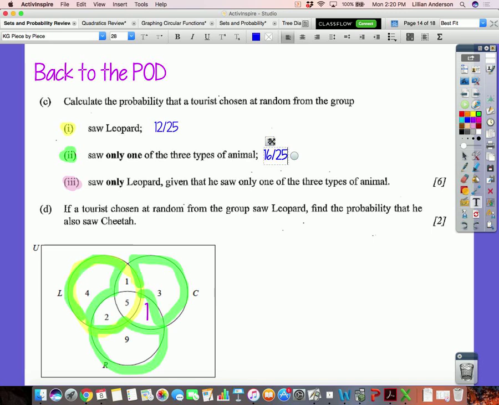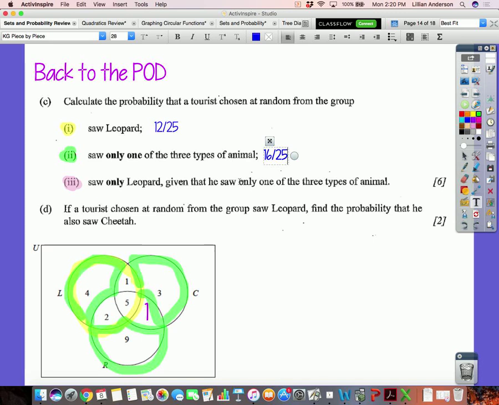Now part 3. Saw only leopards given that he saw only one of the 3 types of animals. Keyword, given, which means what? Conditional probability. That right there is our denominator, the part that follows the given. So let's look at just the denominator.